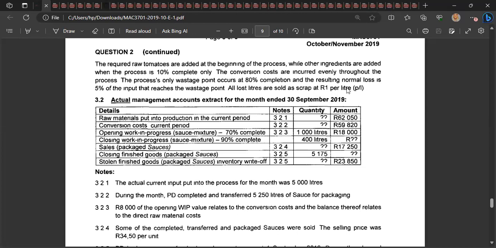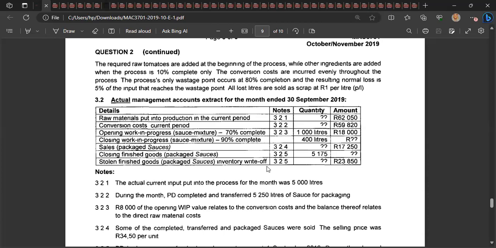If you remember, similar to what we were doing when we were dealing with joint costs, you want to offset these on the total cost. Whatever we've lost, we basically want to offset that amount from the total cost.